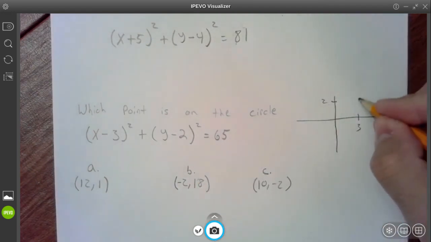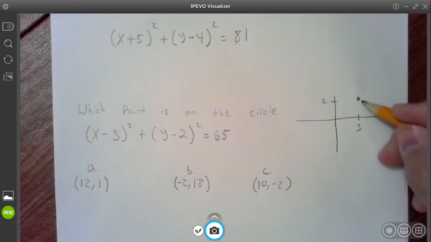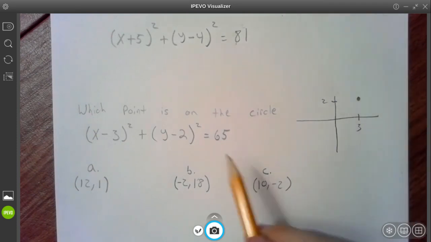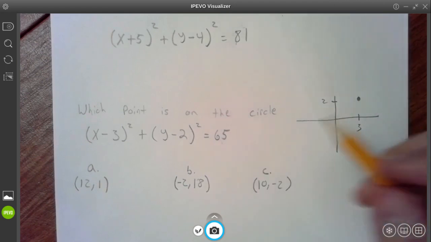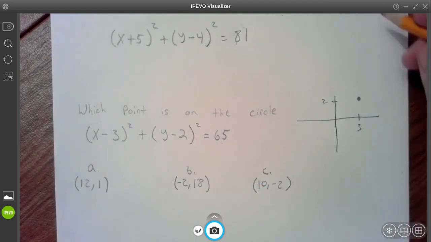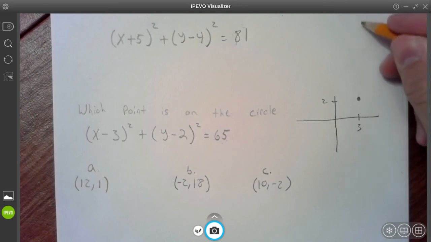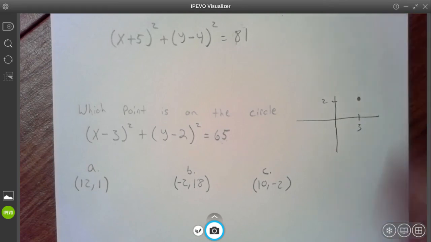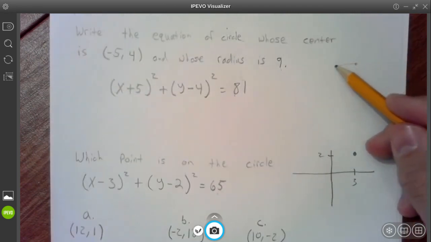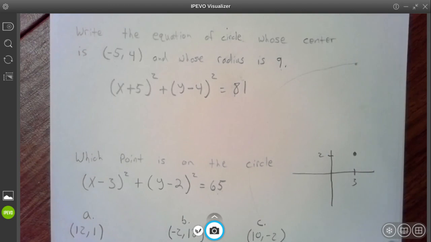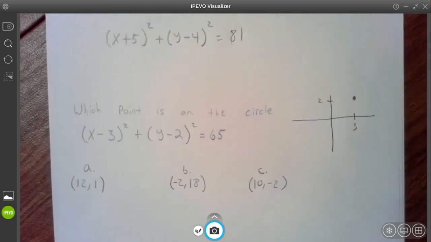Its center is going to be at (3, 2), and its radius would be the square root of this, which is about 8 point something. So you could try to eyeball it, maybe if you had some grid paper. This is about 8 units up. Then you'd have to draw that circle, and then you could eyeball which one of these points is on there, and you might be able to get away with it.